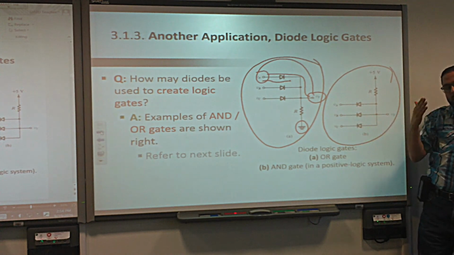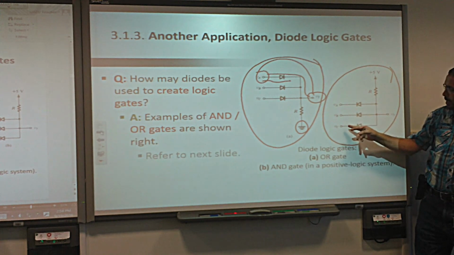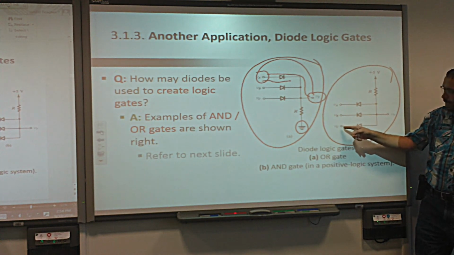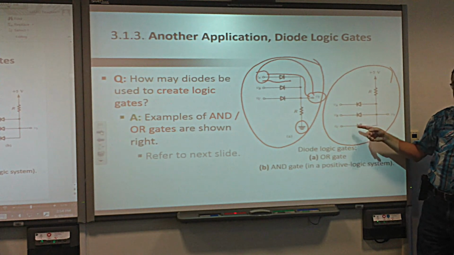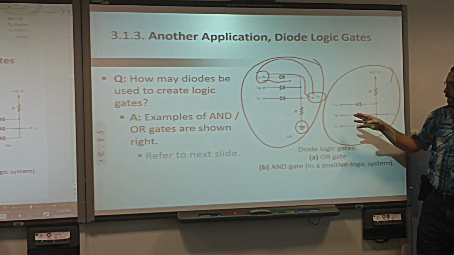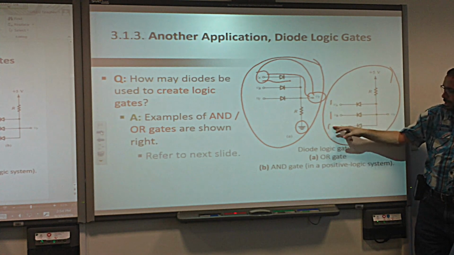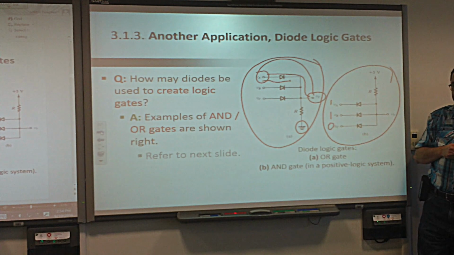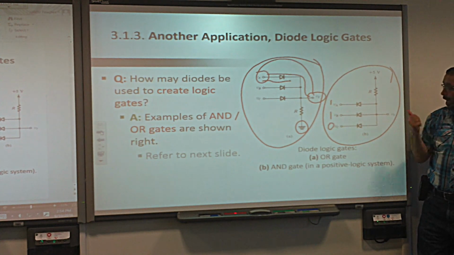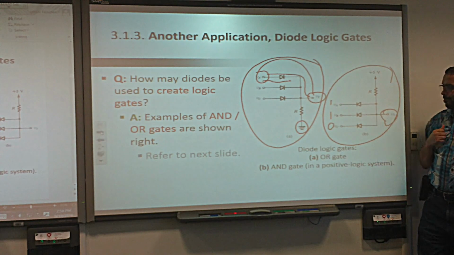Because actually before reaching that, if only one is, let's say this is low. If this is low, is this diode going to conduct? Let's say this is high, and this is low. How much is the output in this case? Why?